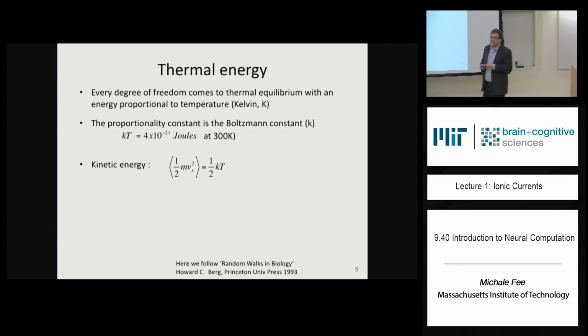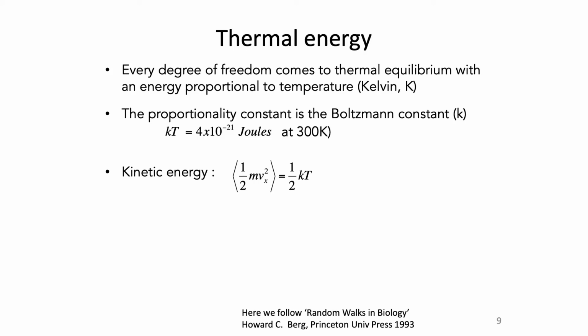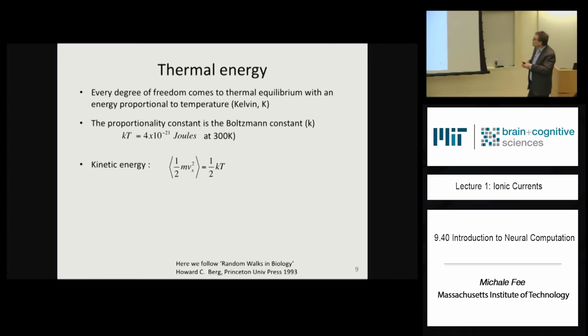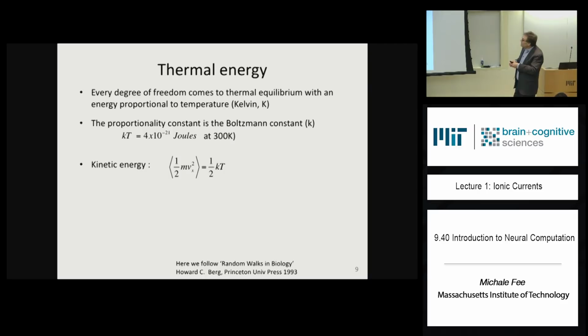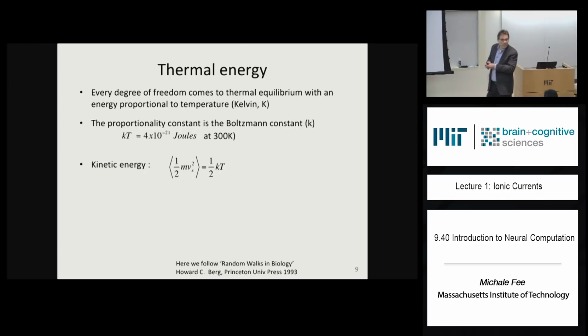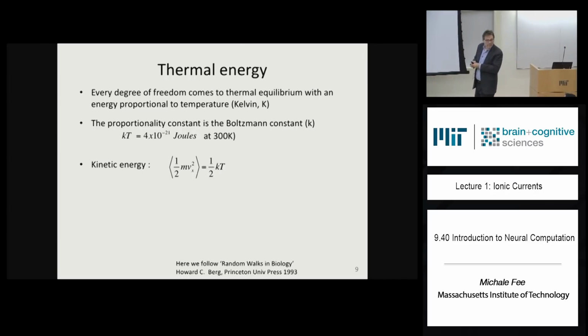how fast particles move at thermal equilibrium at room temperature. You may remember from your first physics class that the kinetic energy of a particle is 1/2 mv squared. So the average velocity squared of a particle at thermal equilibrium is just that much energy. Does that make sense?